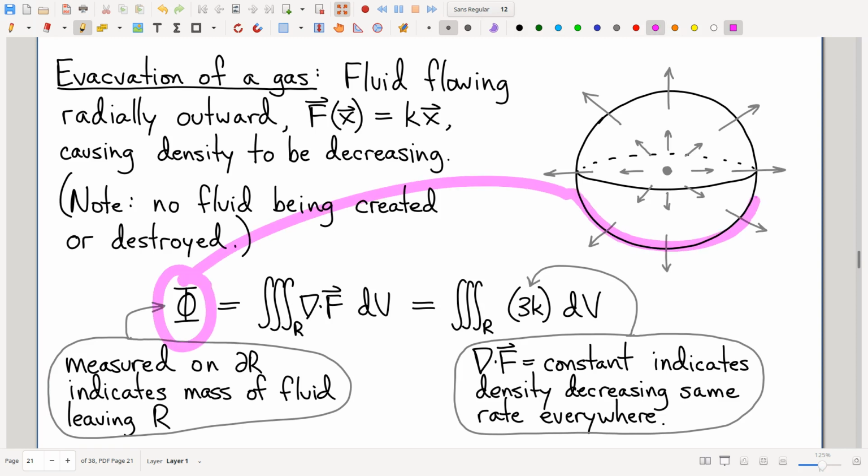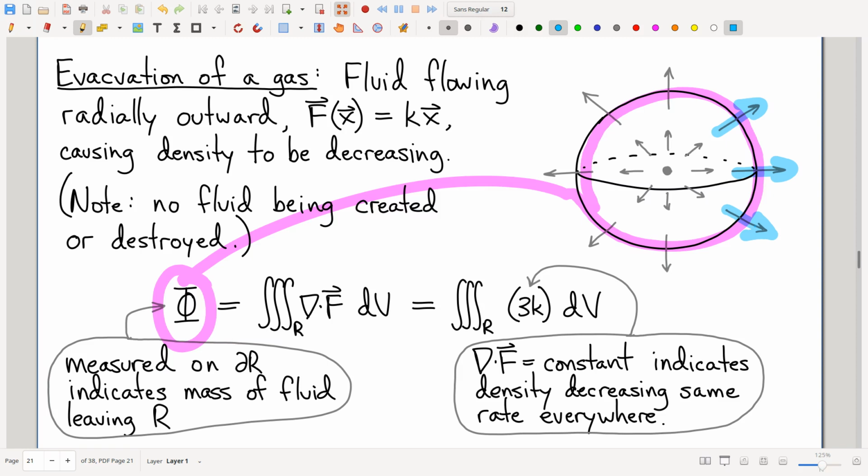Again, I'm going to pick a nice sphere here arbitrarily. And in that sphere, there's gas flowing outward. Right? So, of course, there's going to be a flux. There's going to be a significant flux through this sphere. Gas is leaving that sphere. Right?